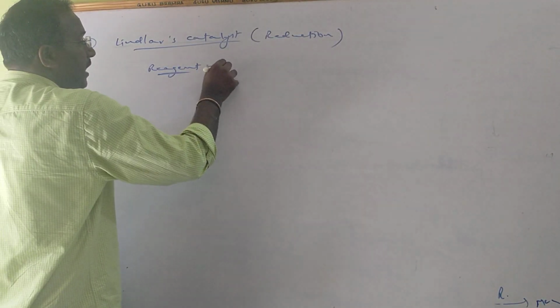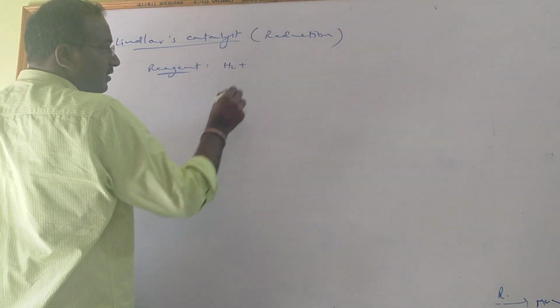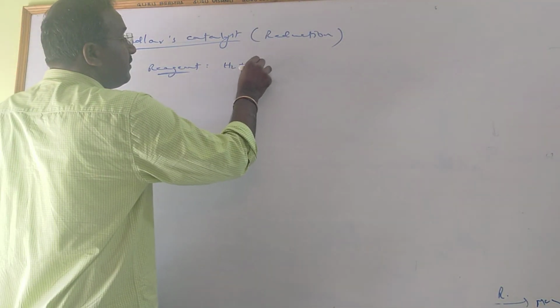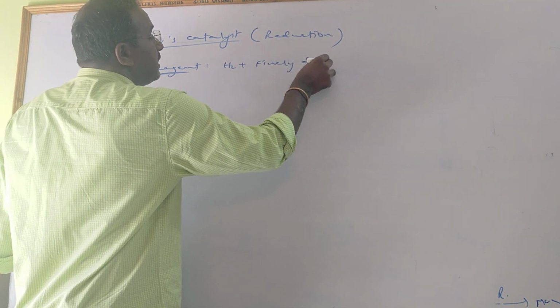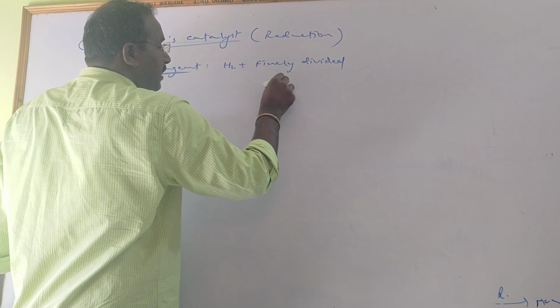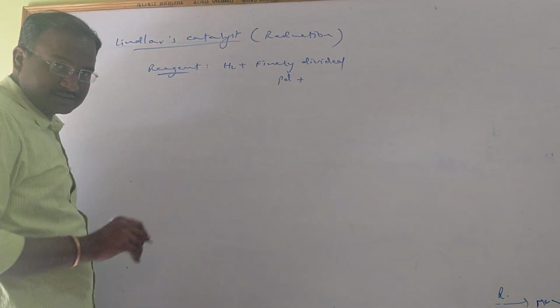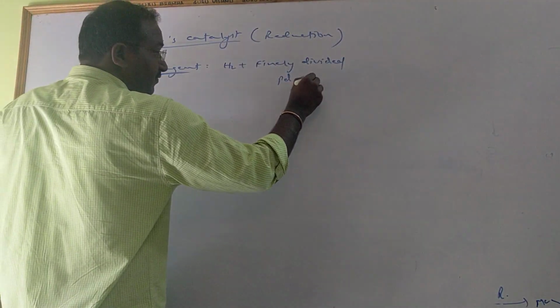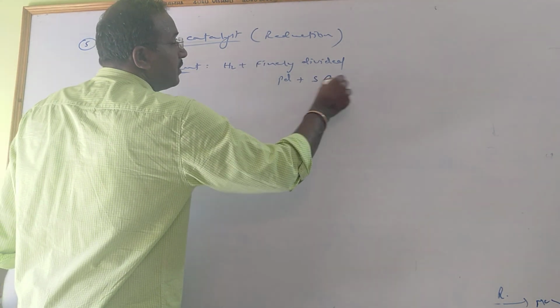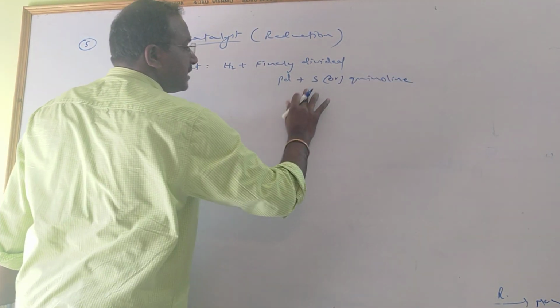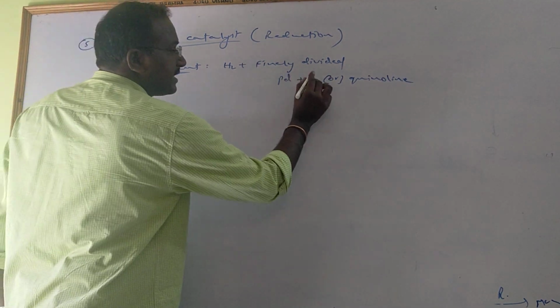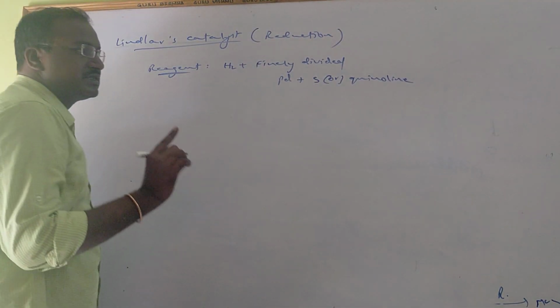It is hydrogen in the presence of finely divided palladium plus sulfur or quinoline. You can use any one. In some books it is there as sulfur, in some reactions it will be there as quinoline. Any one we can use.